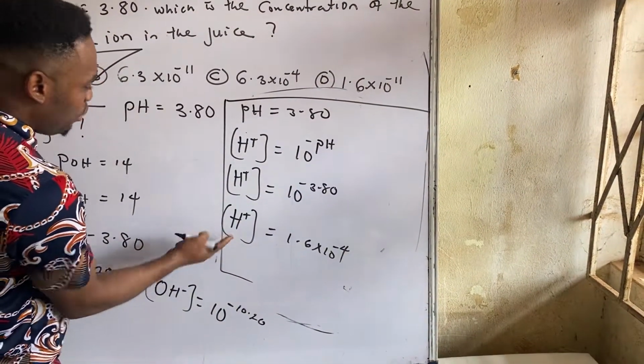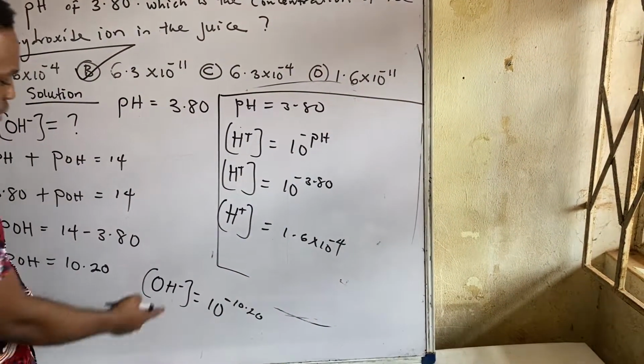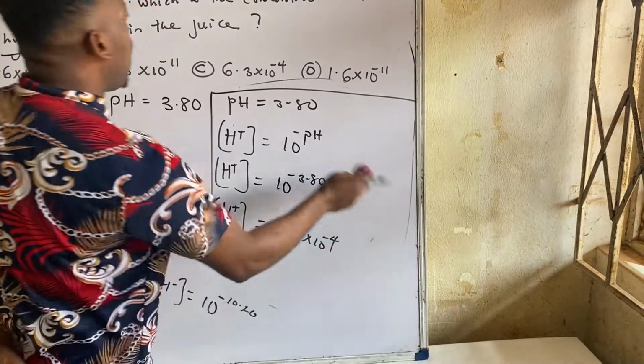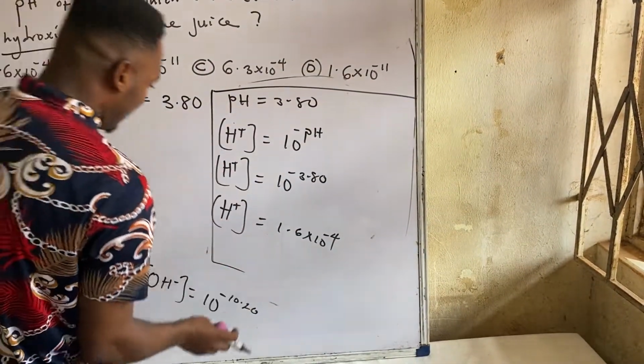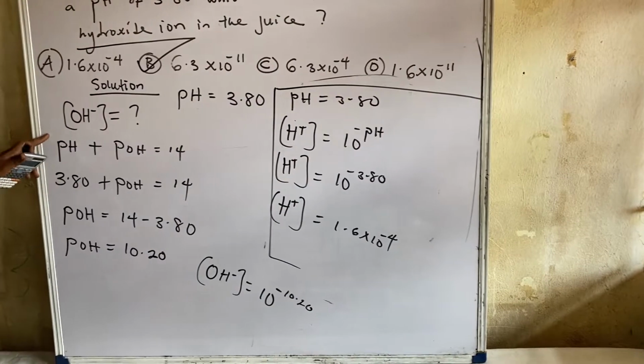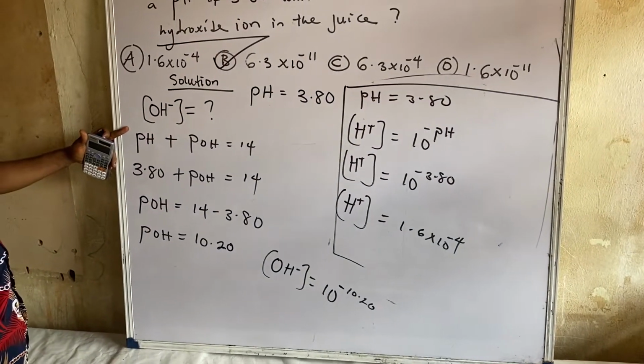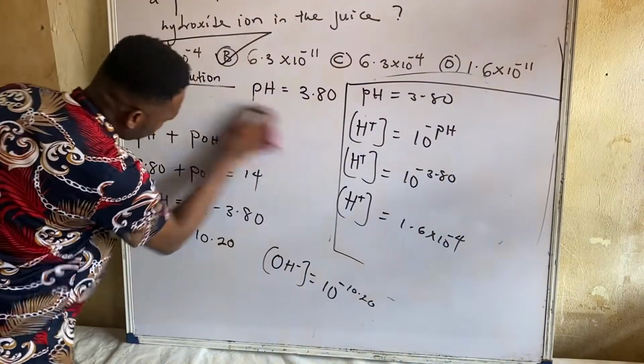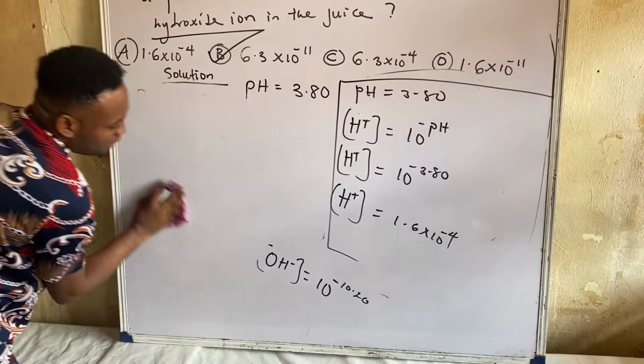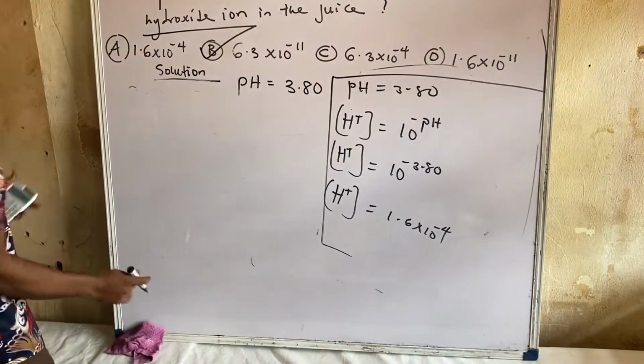We have this now. We can use it to get OH minus. How do we do that? Recall that I can put that here now. Please, you can pause the video and take this information. All right. Let's see what I will get.